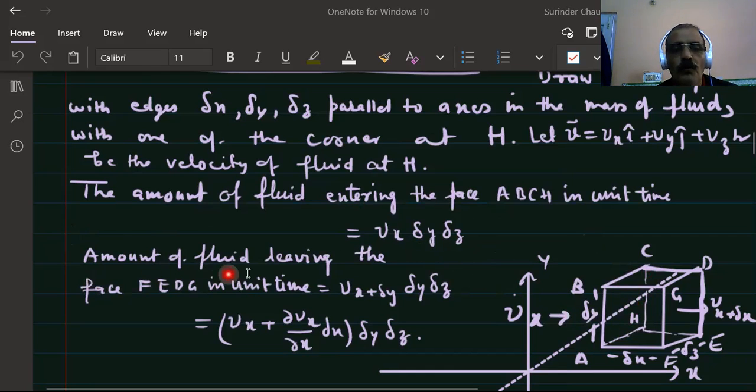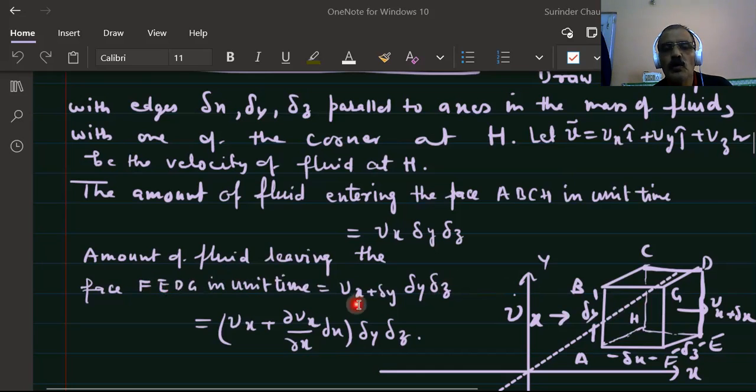The amount of fluid leaving the face FEDG: this fluid element is very small because its length, breadth, and height are del x, del y, del z, which are very small.